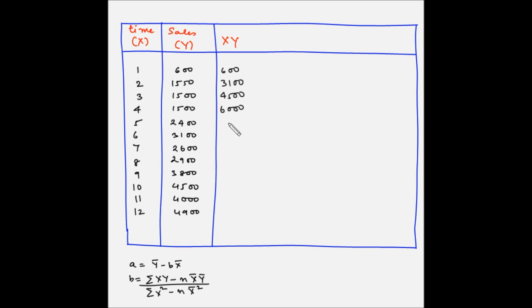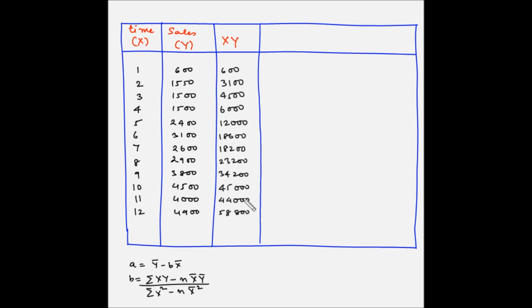So let me calculate all these remaining values. So these are all the values of x multiplied by y, and we need to find out the sum of all these values. So let me do the total. So the total is 268,200. Now next we have to find out the multiplication of n, x bar and y bar.